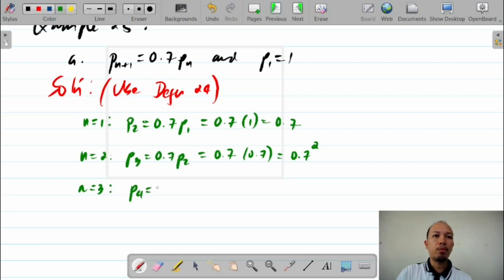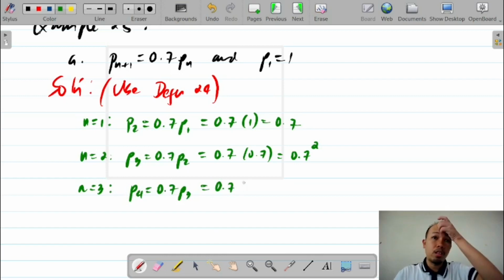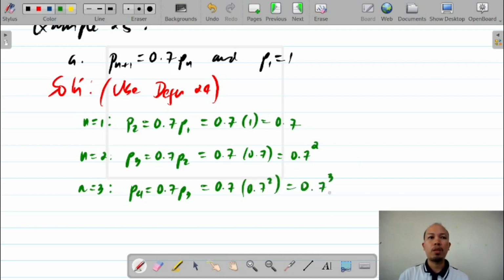We have p sub 4, 0.7 p sub 3. Our p sub 3 is this one, and p sub 3 is 0.7 square, so this is 0.7 to the power of 3.